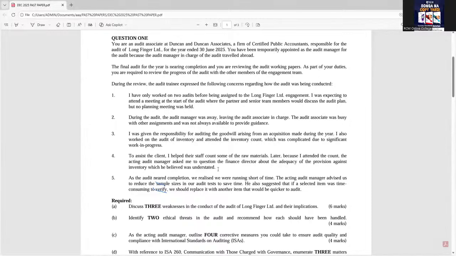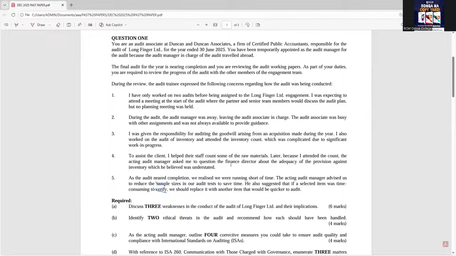So the way this associate or trainee will conduct this audit will likely be as a result of pressure from his manager. Therefore, to some extent, we can talk about intimidation, which is not exactly emanating from the client, but from within his own firm. He is getting a lot of pressure regarding how to question the finance director.